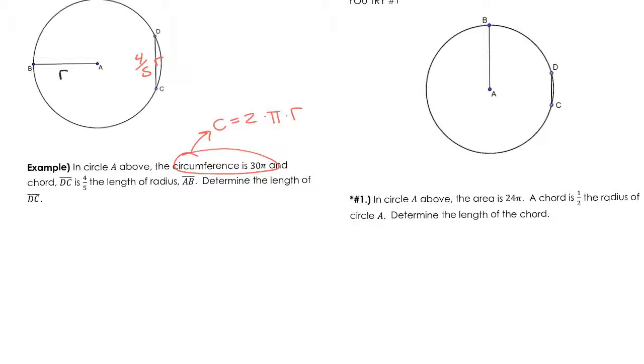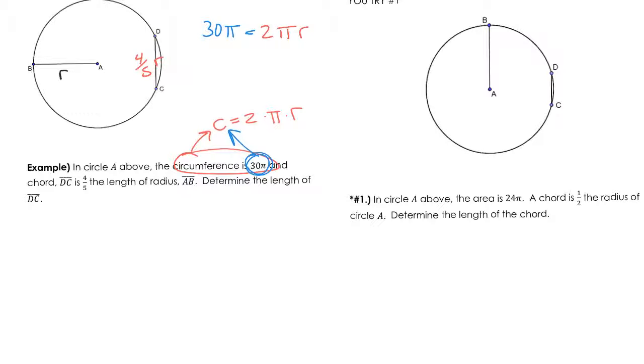Well, to find this DC line, I first need to know what my radius is. So I've got to solve for that radius. So let's see how we would do this. Well, I know circumference is 2 pi r, and they gave me the circumference is 30 pi. So I can substitute that in for my circumference. So 30 pi equals 2 times pi times the radius.